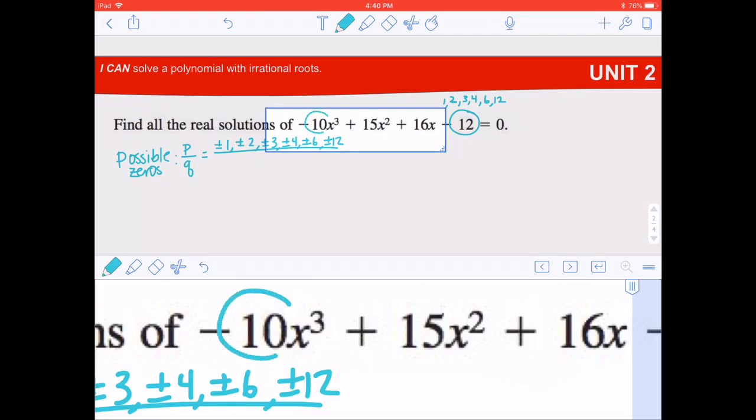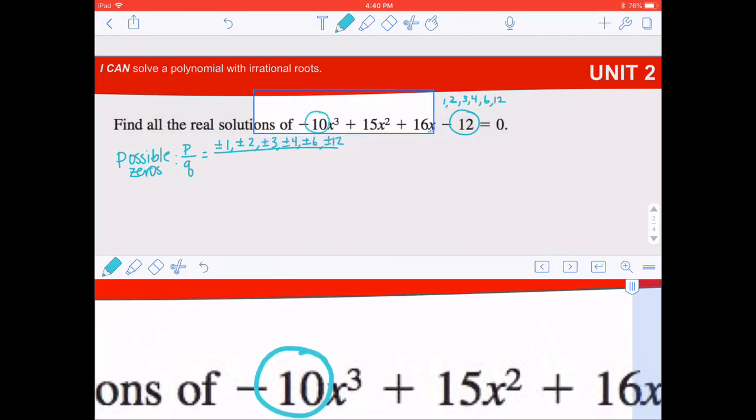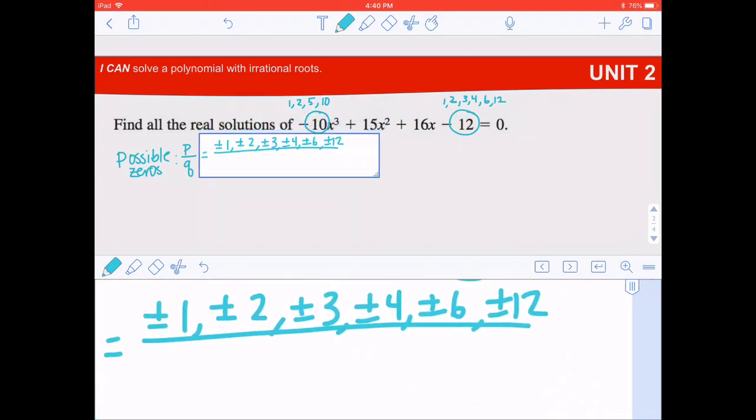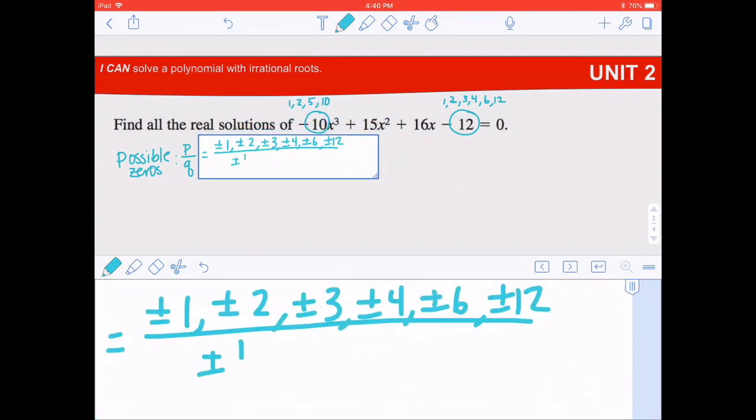Q is going to be all of our factors for the number in front. So the factors of 10 are 1, 2, 5, and 10. So I'm going to go ahead and put those down here. As you can see, these are a lot of possible zeros.